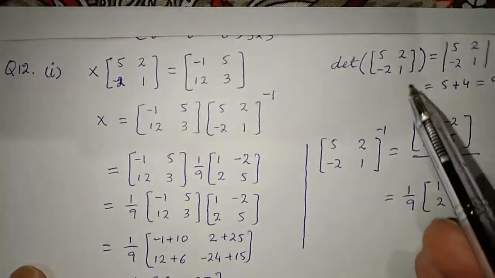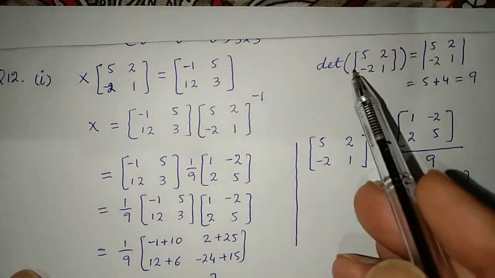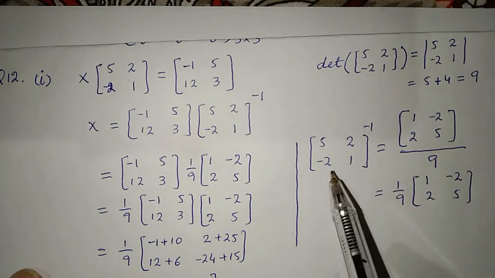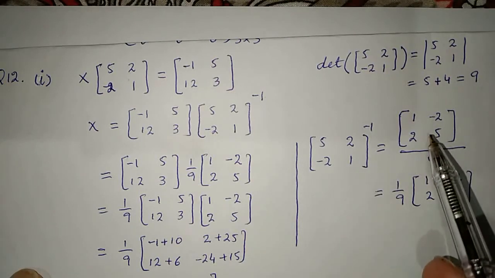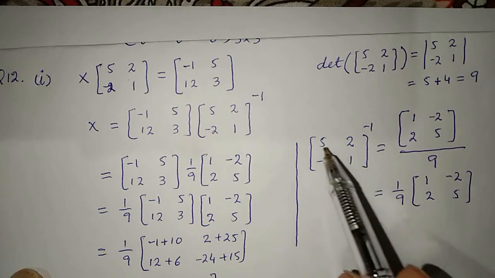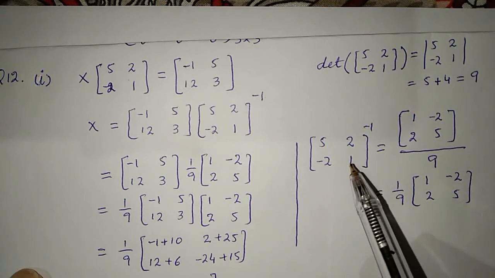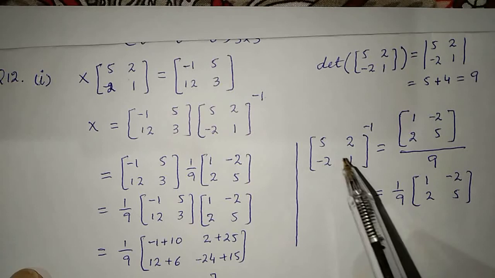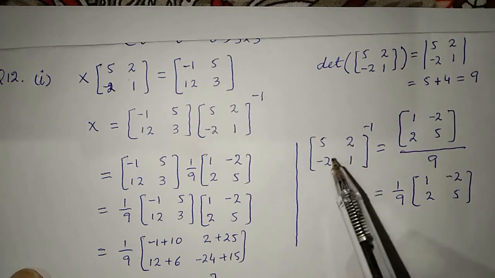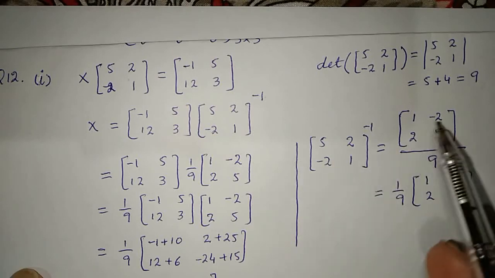That is obtained by first taking the determinant of this matrix, which is 9, and the adjoint of this matrix. So what is adjoint? Changing the places of the elements of the diagonal, and the signs of the other elements are changed.